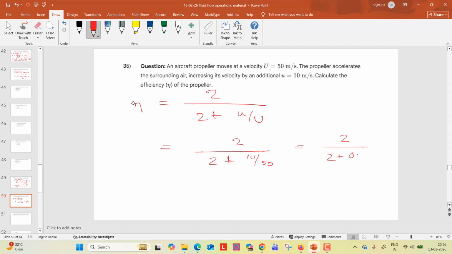So 2 by 2.2 basically. So it is 0.909. That means 90.9% efficiency has been increased. Okay.